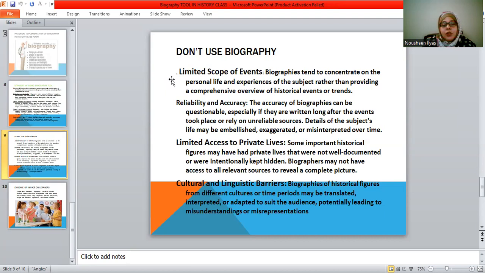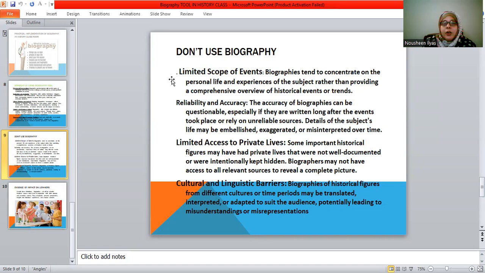Be careful while choosing the topic for teaching history using biographic tools, because sometimes historical figures from different cultures may be translated, misinterpreted, or adapted in a wrong way, to suit the audience, potentially leading to misunderstanding or misrepresentation.